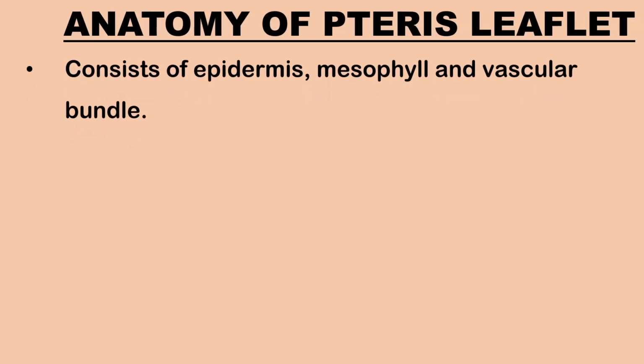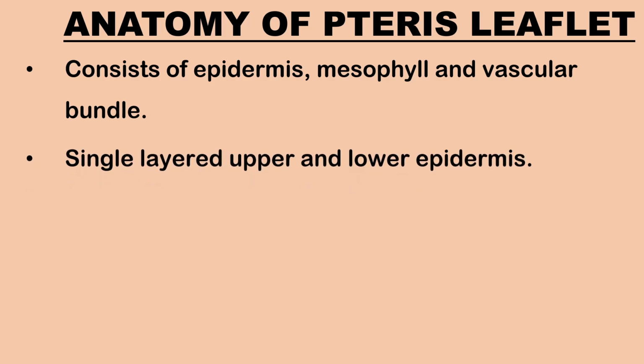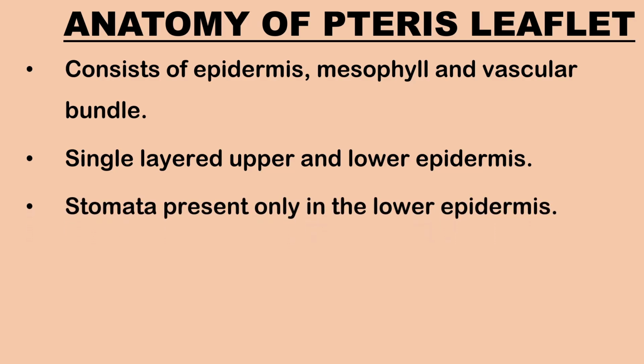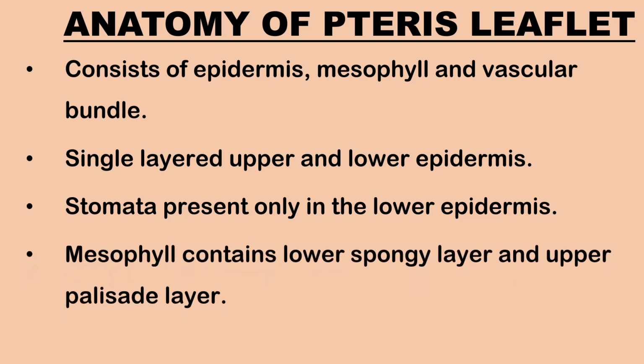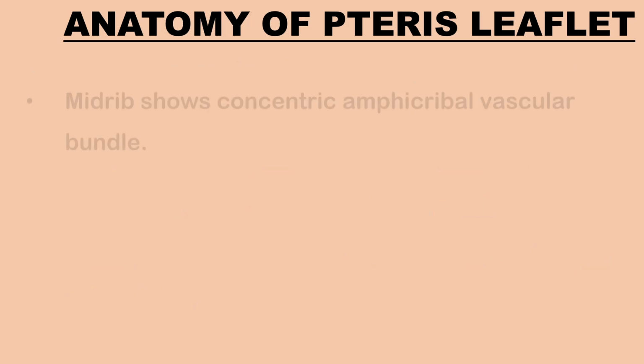Next is the anatomy of Pteris leaflet. Leaflet consists of epidermis, mesophyll, and vascular bundle. Both the upper and lower epidermis are single-layered, and the stomata are restricted to the lower epidermis. The mesophyll contains a lower spongy layer and an upper palisade or homogeneous layer.